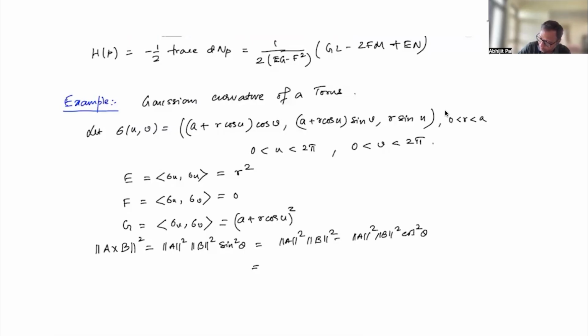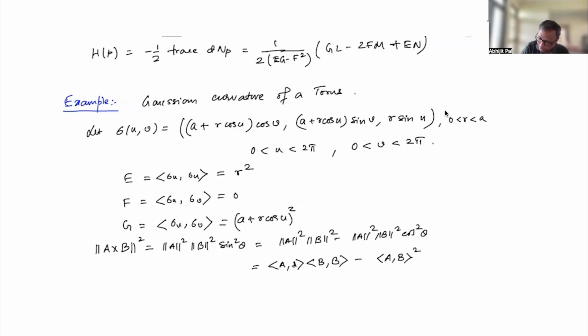So this is equal to the inner product of a with a multiplied by the inner product of b with b minus the square of the inner product of a and b. Okay, so we have this thing here.